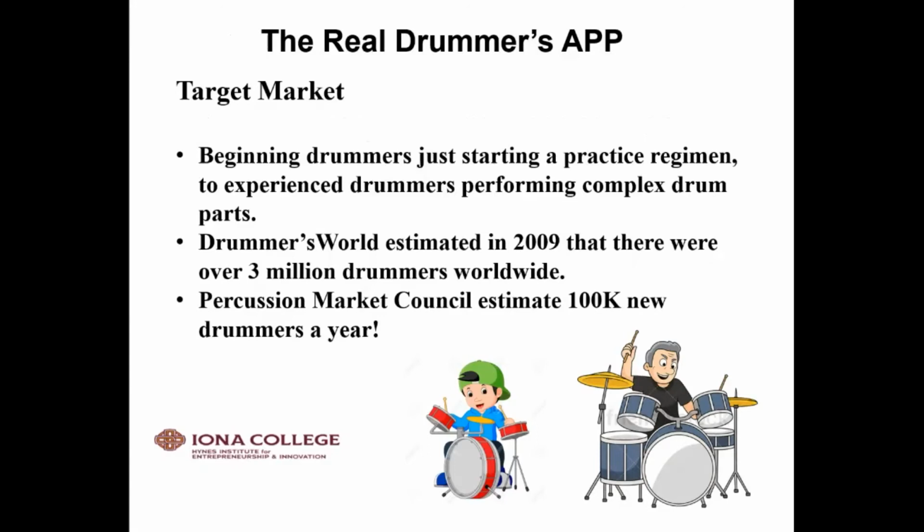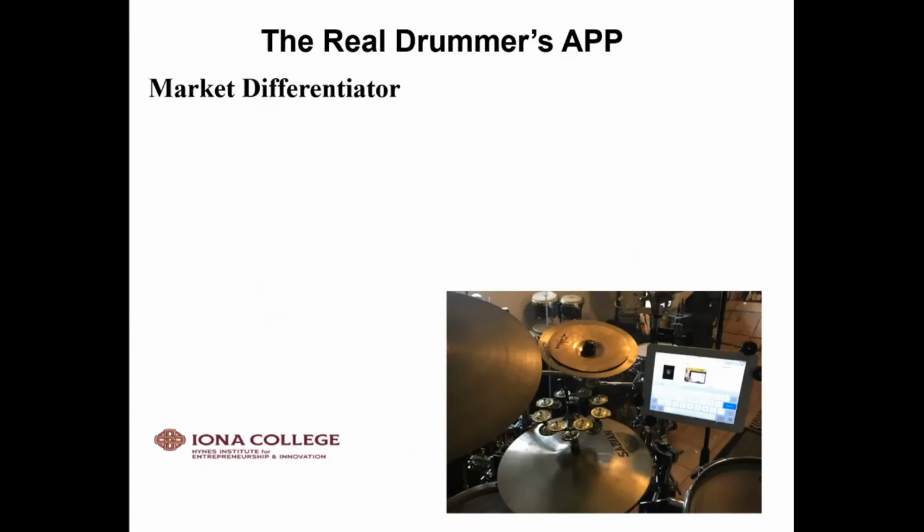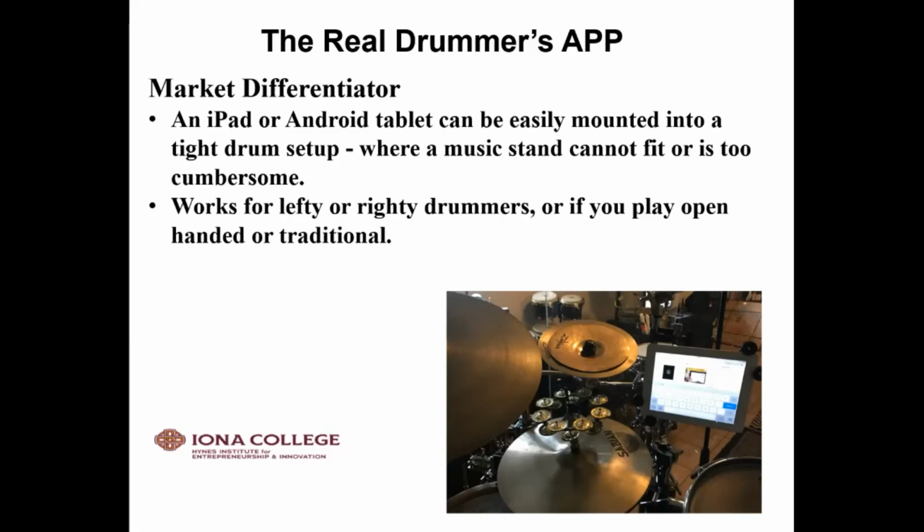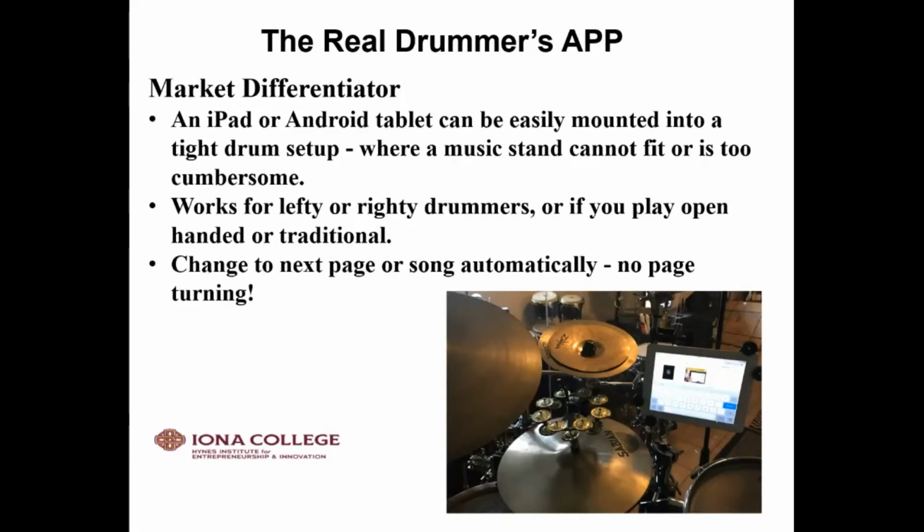And the idea is with this innovation, this is the market potential. The differentiator the entrepreneur feels is that it can be easily mounted on a tight drum set where a music stand can't fit or is too cumbersome. It works for a drummer no matter if they are left-handed or right-handed, or if they play in an open-handed or traditional style, and they can change to the next page or song automatically with no page turning.